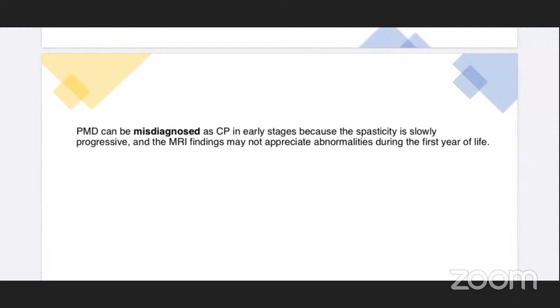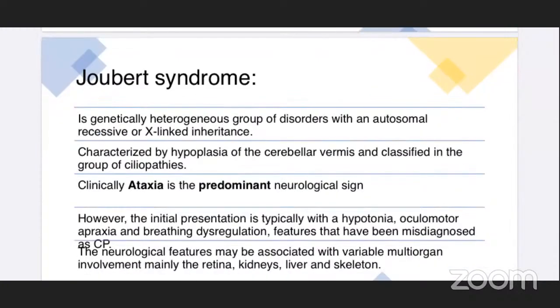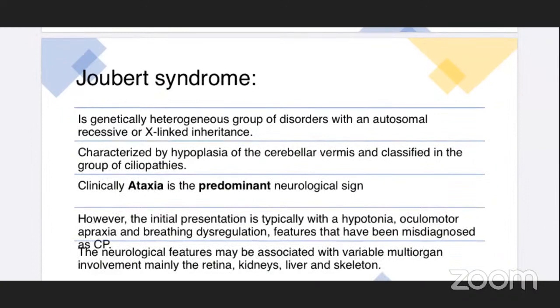Last, I'll end my presentation with Joubert syndrome, which is a genetically heterogeneous group of disorders with autosomal recessive or X-linked inheritance. It's characterized by hypoplasia of the cerebellar vermis and classified in the group of ciliopathies.